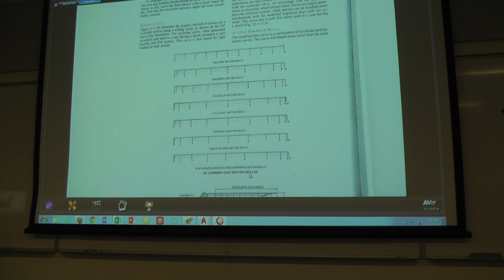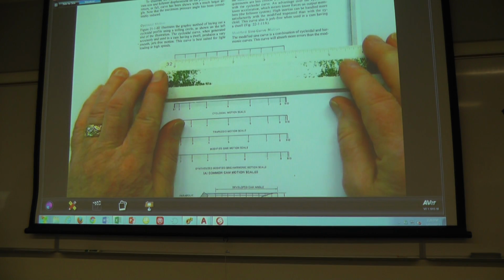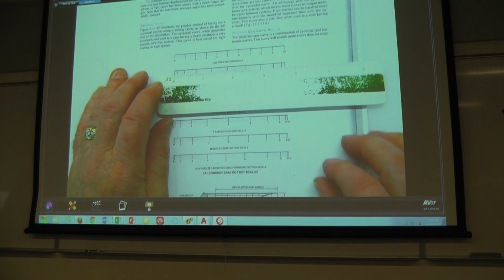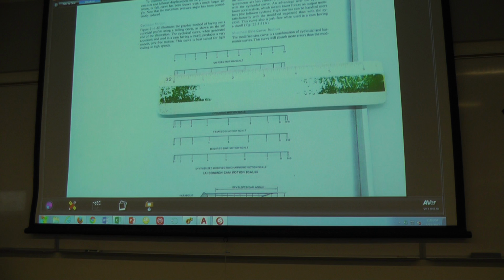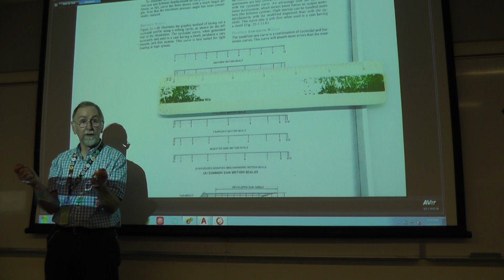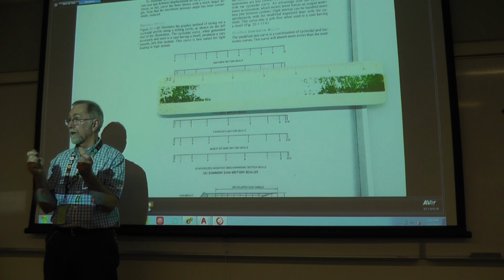You would literally need to take the scale, place it on the scale in the textbook, and figure out to the closest about a 64th of an inch what those little segments were going to be. You'd have to put it on a strip of paper. This would be if you were drawing it by hand.